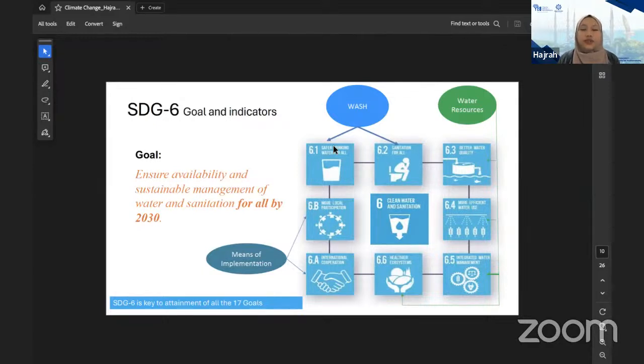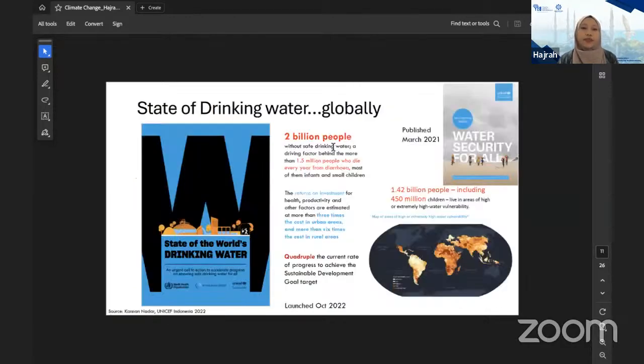As I already mentioned previously, many countries face drought and flooding, and that's because of the water. The water is too much, too little, too dirty, and so on. So this is also a big problem about water availability and climate change.